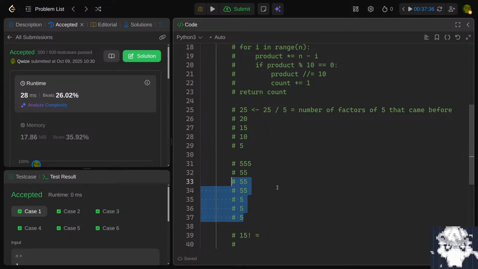So you take the division to get the number of them, and then you have to see how many count twice, which is the number that are greater than 25.